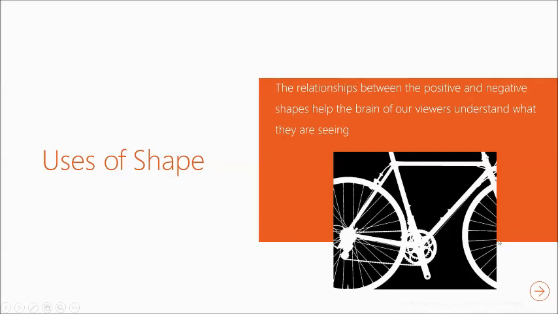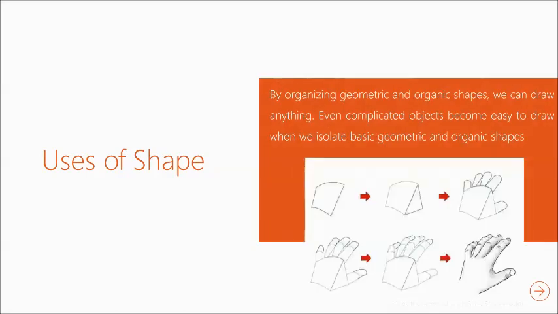So they have formed a 2D image in the form of a bicycle. So by recognizing geometric and organic shapes, we can draw anything. Even complicated objects become easy to draw when we isolate basic geometric and organic shapes.